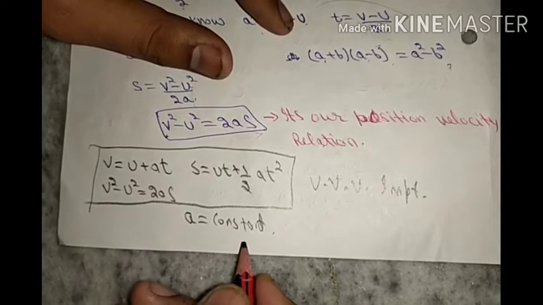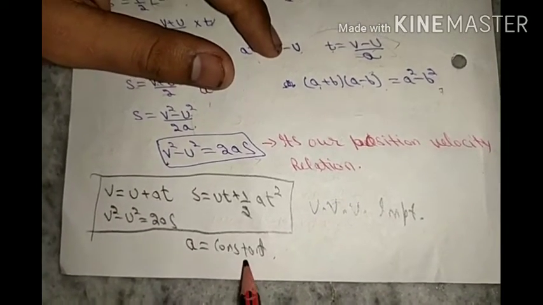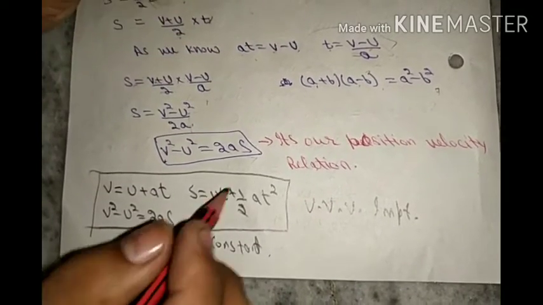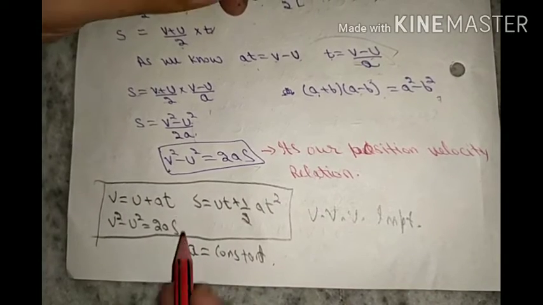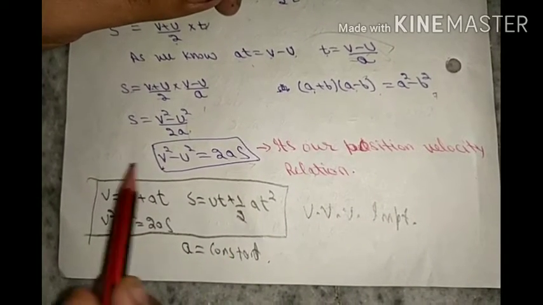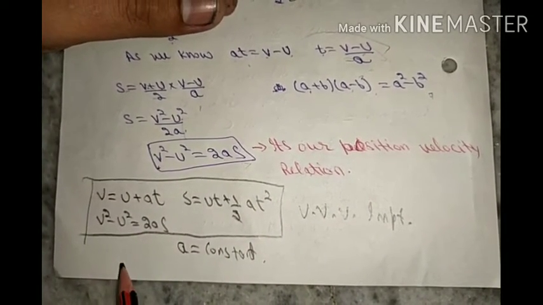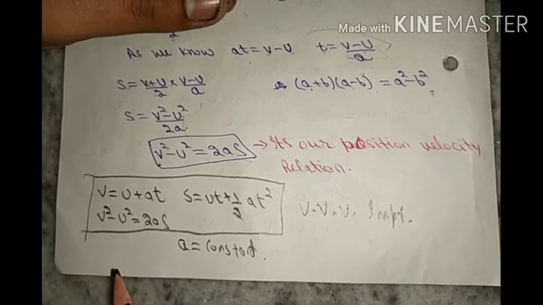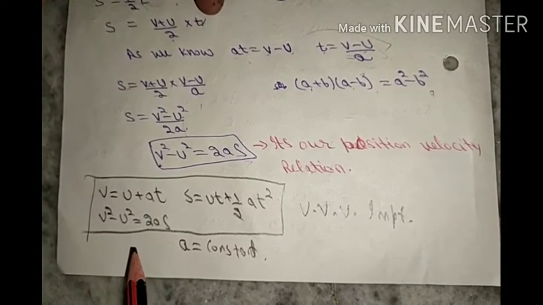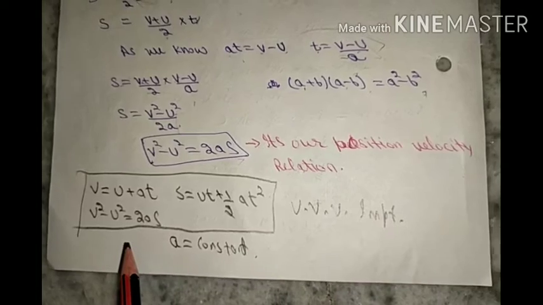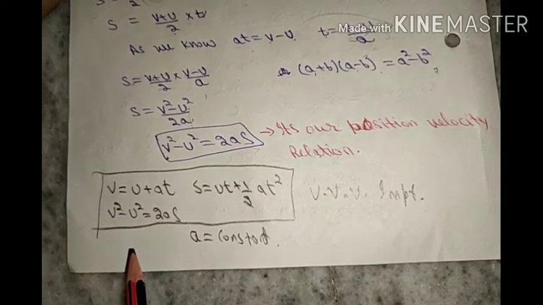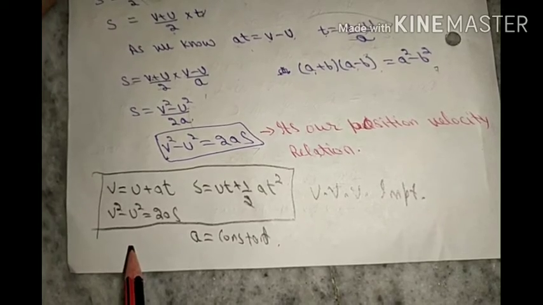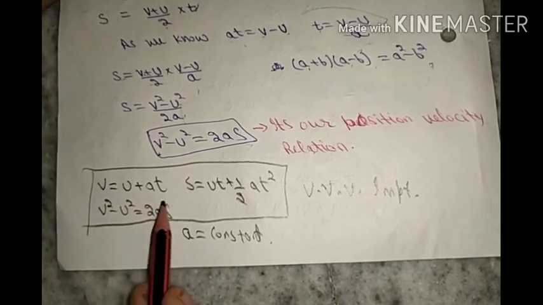So in all questions you will see acceleration given as constant for these equations of motion. If acceleration is changing, then these are not valid. But if acceleration is constant, then these three equations are valid, and they help us study the motion of any object, maybe a free falling body, a moving bus, a moving car, a stone dropped. Any problem you can solve by using this type of equation.